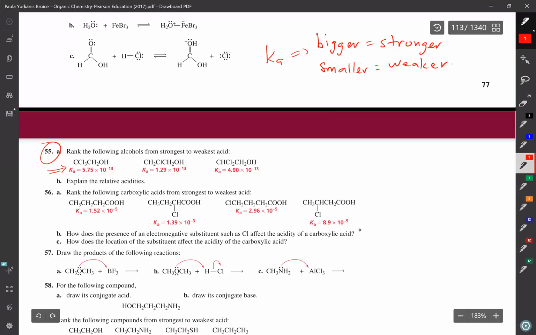Now, the Ka value can be transformed into what we refer to as the pKa, which is what is commonly used. When you transform your Ka to the pKa, the smaller the pKa value, the stronger the acid, and the bigger the pKa value, the weaker the acid.